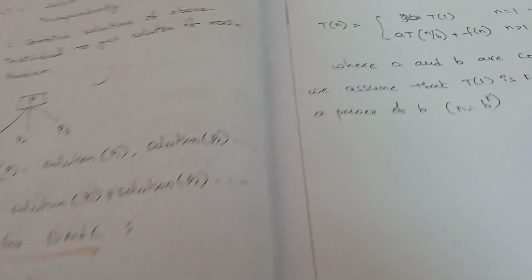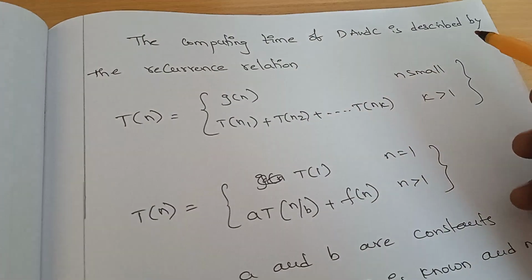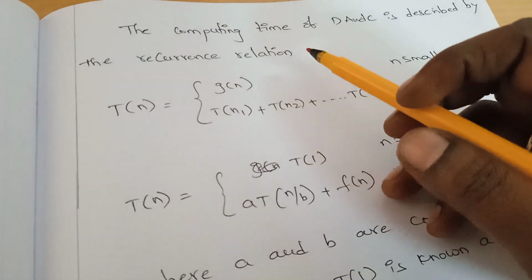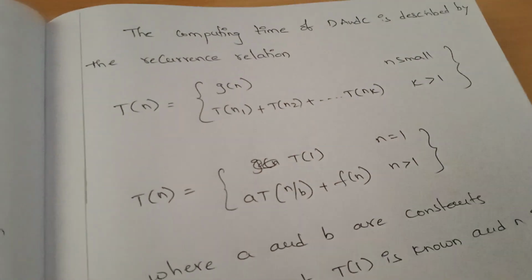Now let's see the time complexity. The computing time of divide and conquer is described by a recurrence relation. G of n is the number of inputs to our subproblem.